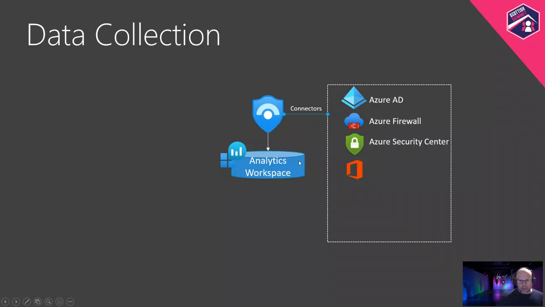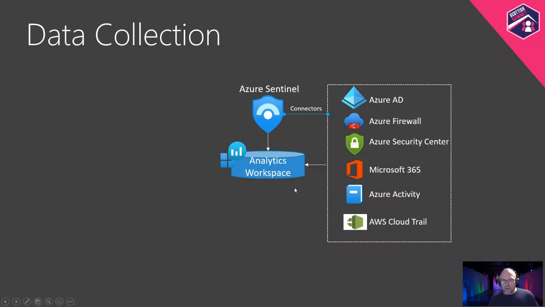We then have connectors, so-called data connectors, which we onboard to forward data into Azure Log Analytics Workspace. What these data connectors usually do is just collect information from the various products and import or forward the logs from the products into the workspace.